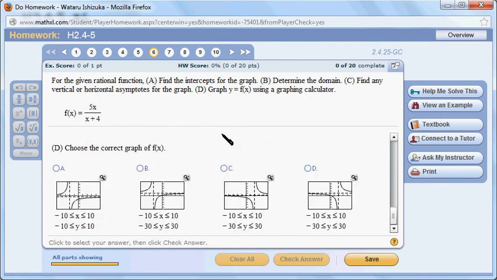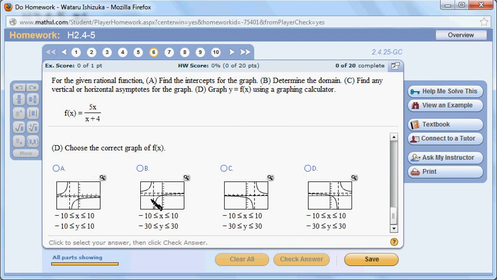So we have to look for the correct picture. Looks like you have a vertical asymptote at -4 there, but the horizontal asymptote looks negative because it's below the x-axis, so this is not going to be it.